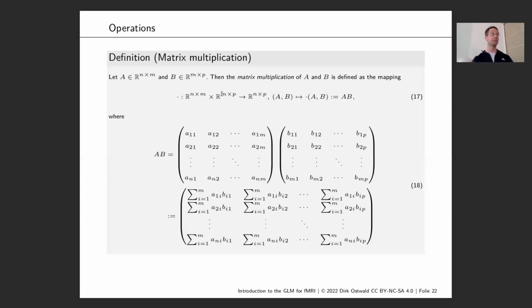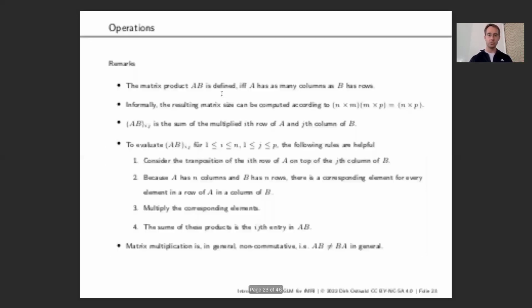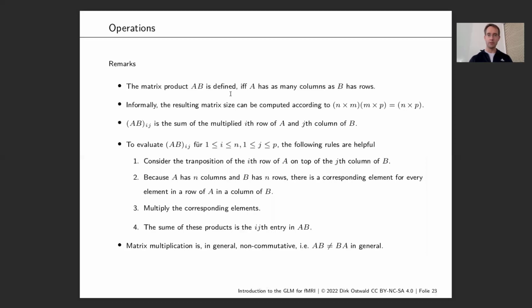So that's the first thing. What you get out, and that's also something that you should remember right now, is a matrix of the size of these outer dimensions. So if you multiply an N times M matrix with an M times P matrix, you get an N times P matrix.